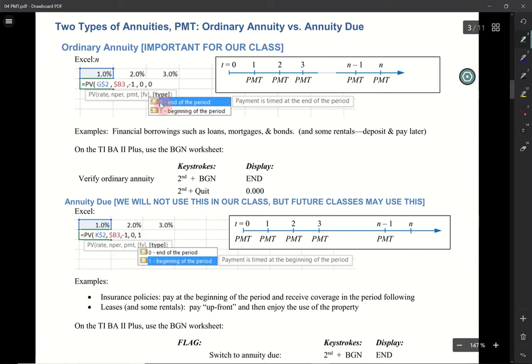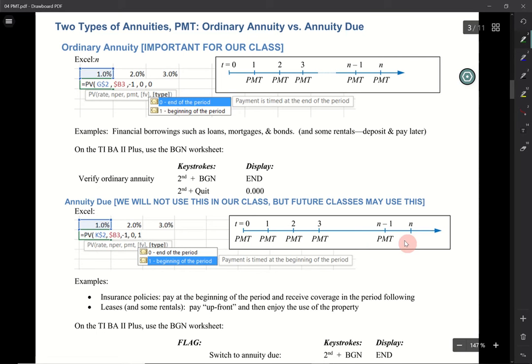The value is either 0 for the end of the period, and that's the default, so the annuity would be at the end of the period, or the other choice would be 1, and that means that the PMT is actually at the beginning of the period.